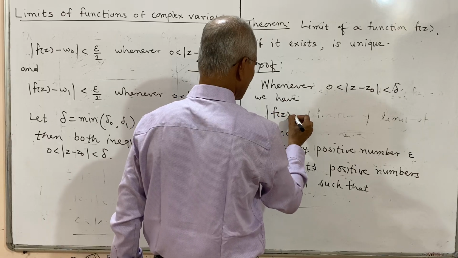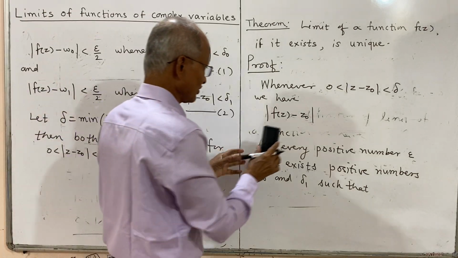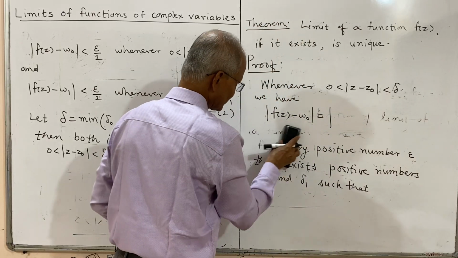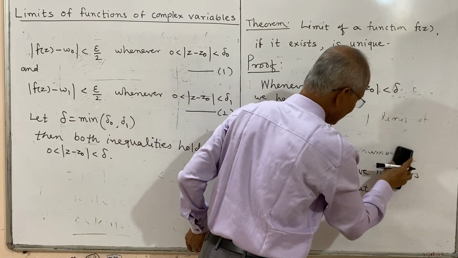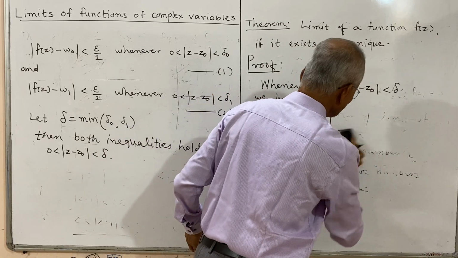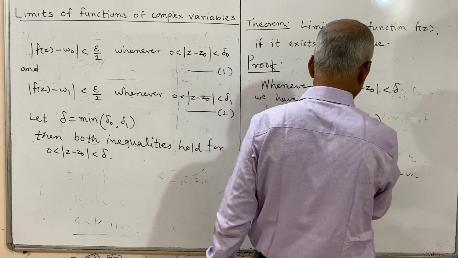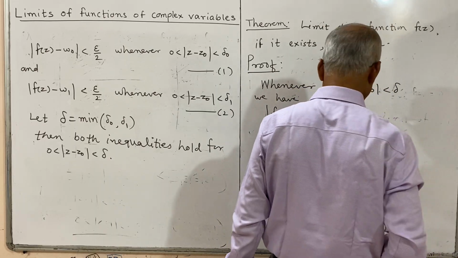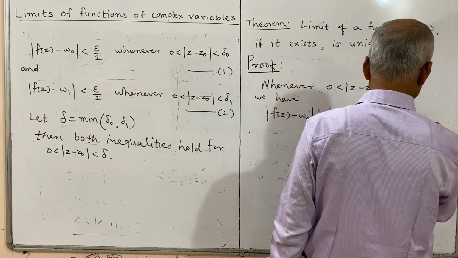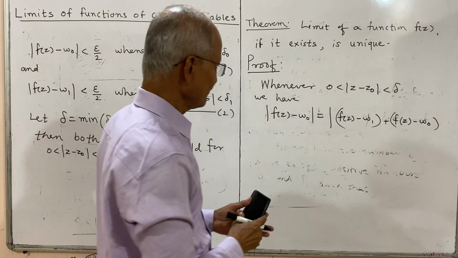mod of w1 minus w naught, and this can be written as mod of f of z minus w naught, plus f of z minus w1 in one bracket.